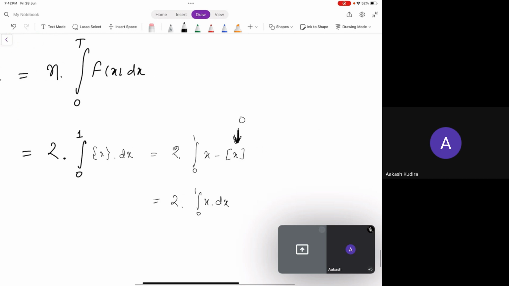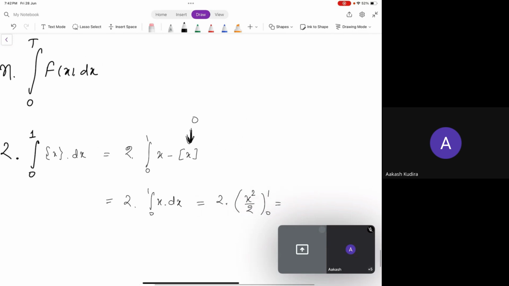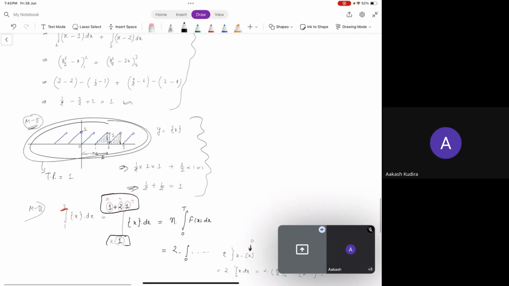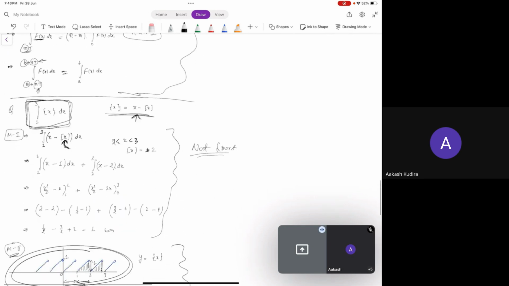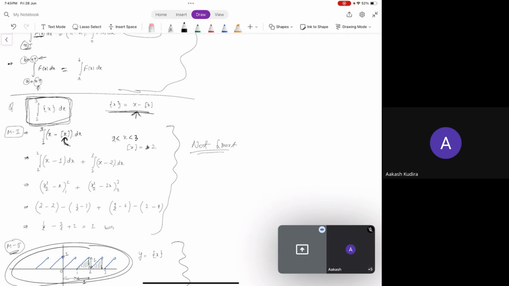Now integration of x is x square by 2, limits 0 to 1. Put 1, we get 1 by 2, put 0, we get 0. So 2 into half is 1.